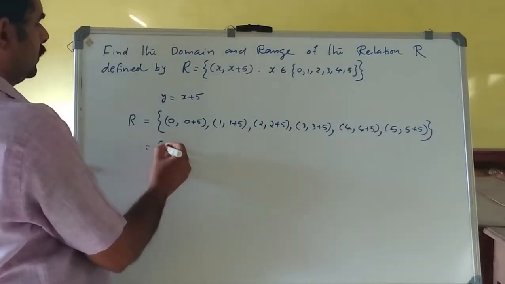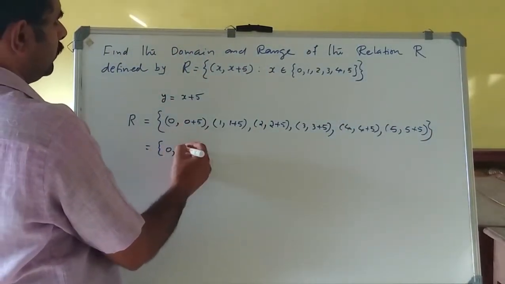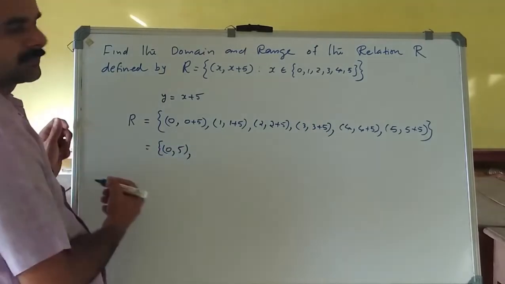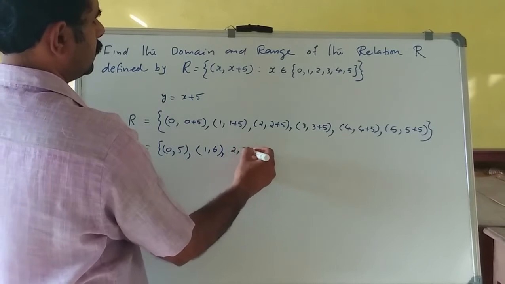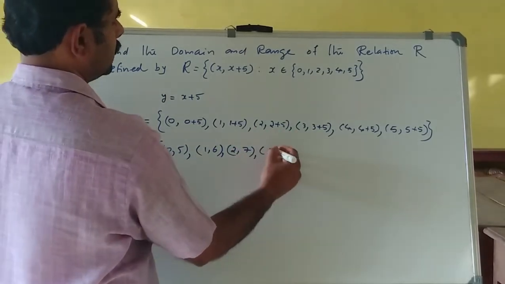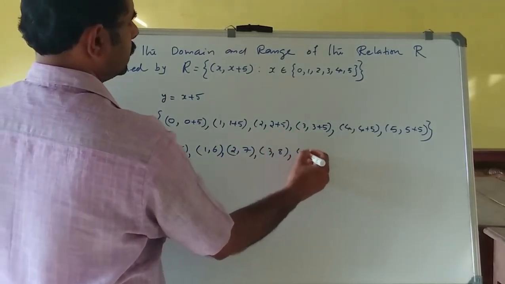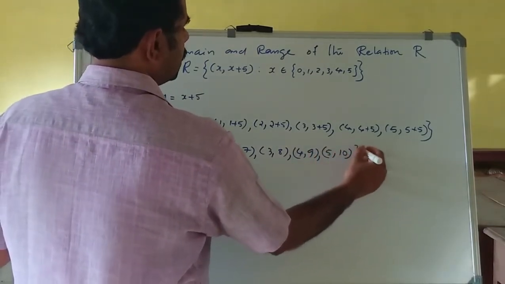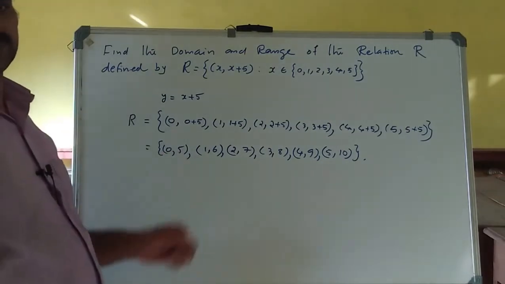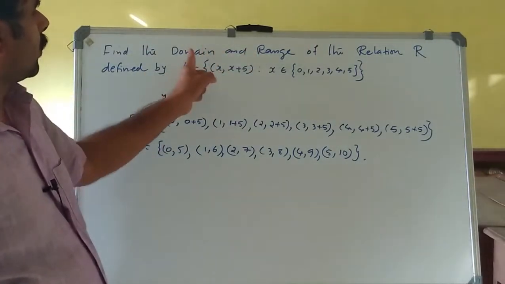This is equal to (0, 5), (1, 6), (2, 7), (3, 8), (4, 9), (5, 10). So you are asked to find the domain and range.